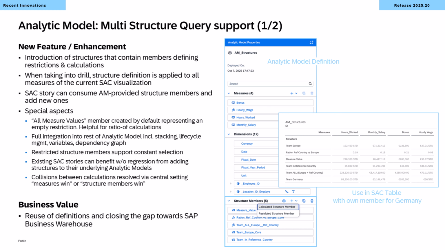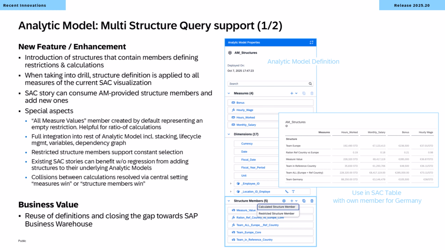So what calculation goes first? Does the summing first happen and then the division, or first the division and then the summing? So that is important, and that is known as conflicts. And what you can do, and this is what this notch icon here is for, is to define, okay, either it's always the measures winning or it's always the members winning.